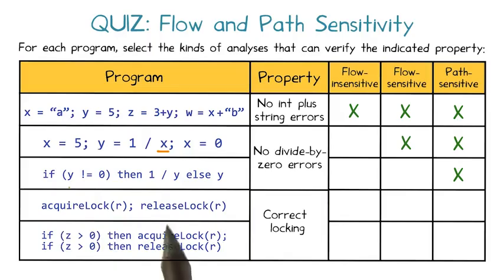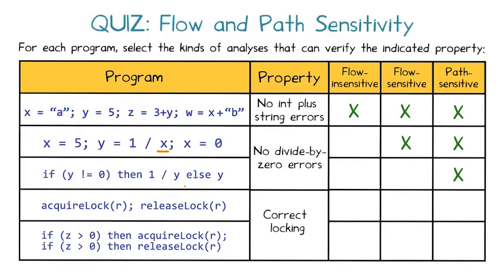For example, if 1 divided by y and y had been switched so that the program read, if y does not equal 0, then y, else 1 divided by y, a path-insensitive analysis could not tell the difference. All it would know is that either y or 1 divided by y could appear after the check that y does not equal 0. Therefore, it could not prove that the division by y won't throw an error.